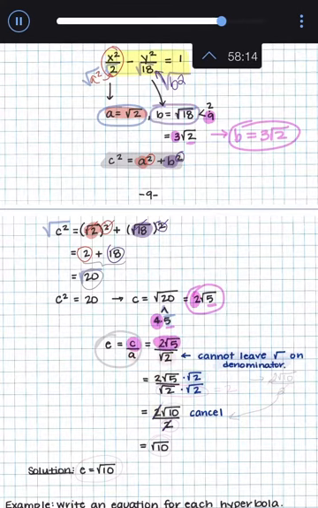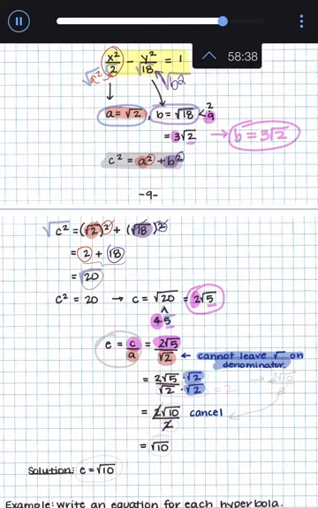We also already know that a, from the beginning of this problem, was the square root of 2. The problem we've had throughout all of our math courses is you can't leave a square root on the denominator. So to get rid of the square root of 2 on the denominator, you have to multiply the bottom and the top by the square root of 2.